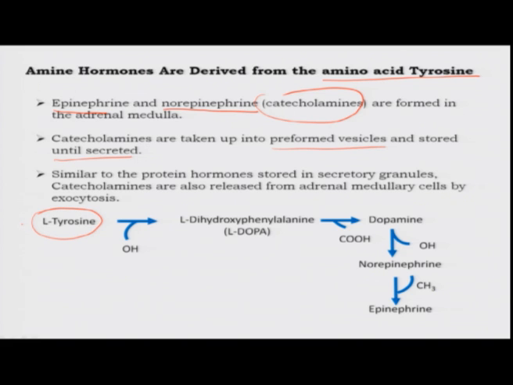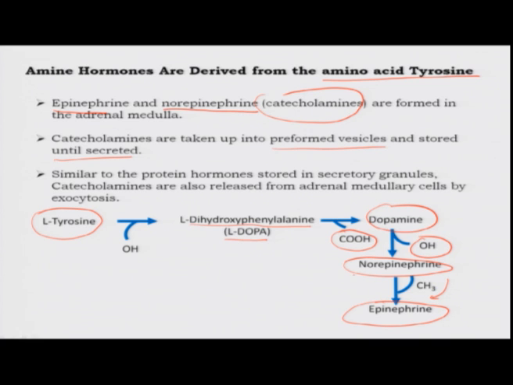A hydroxyl group is added by an enzyme, which leads to formation of dihydroxyphenylalanine, in short L-DOPA. This L-DOPA then loses a carboxyl group and becomes dopamine. Now, this dopamine gains a hydroxyl group and becomes norepinephrine. Then another enzyme adds a methyl group to this and it becomes epinephrine.